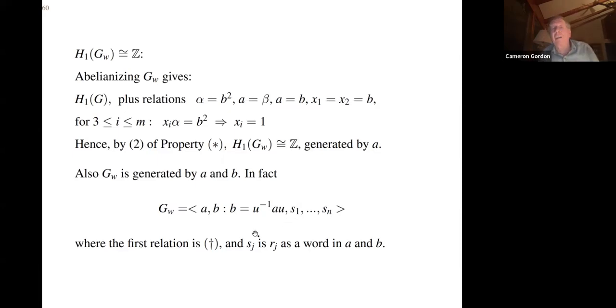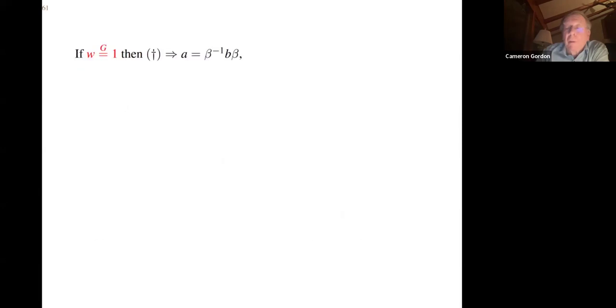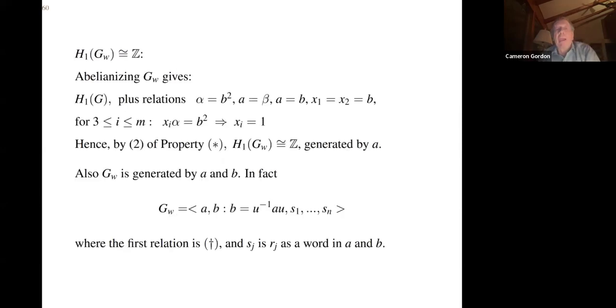These are just the RIs, the RJs, rewritten as words in A and B, because each xi is now a word in A and B. So we've now got that group G sub W. It's just a two generator group. This is going to be important. It's two generators, and it's got this one relation here, and then these others that came from the original G.